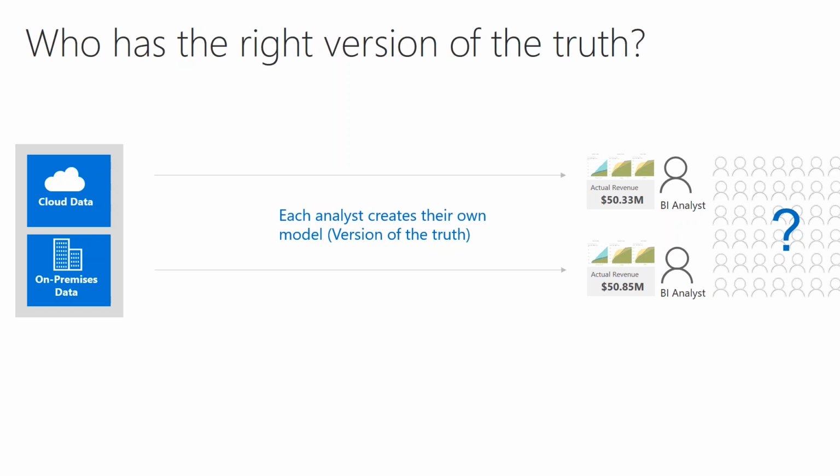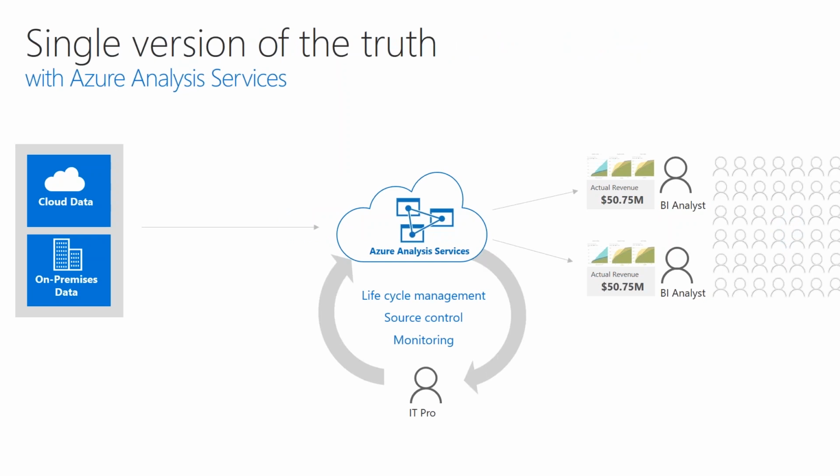So as you see here, we get a bunch of data, we get 2 different analysts, we might come up with 2 very different numbers for revenue in this particular case. What analysis services allows us to do is centralize all that logic to a single version of the truth. So we get everybody together, we make a decision at some level up the hierarchy in the org chart that says, here is how we are going to report revenue.